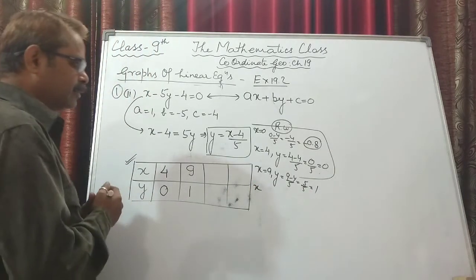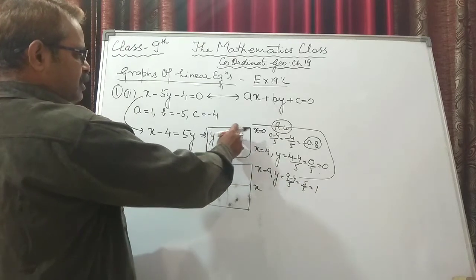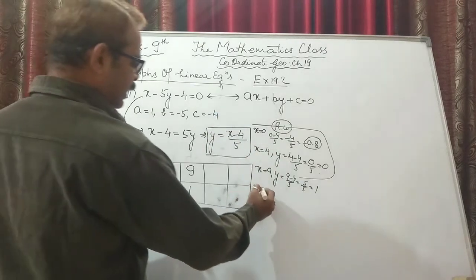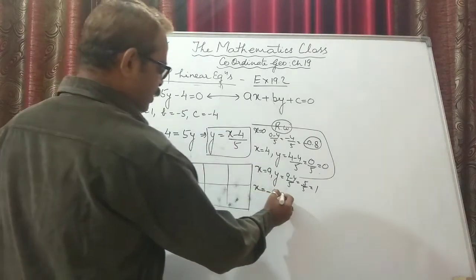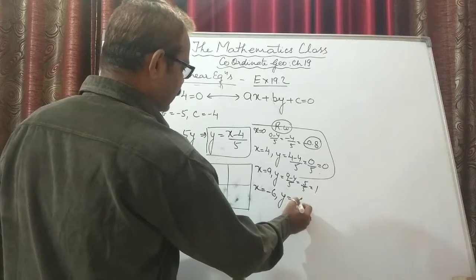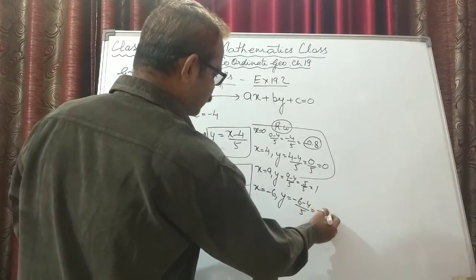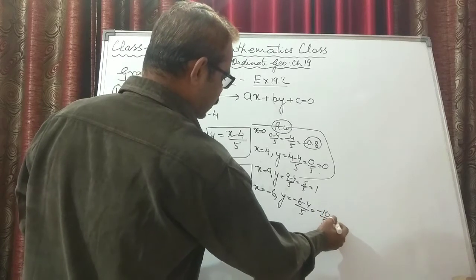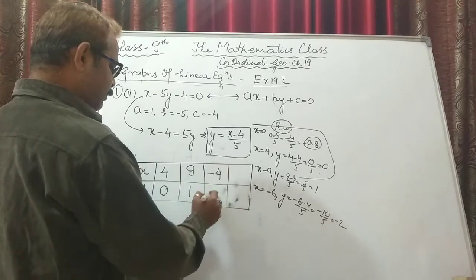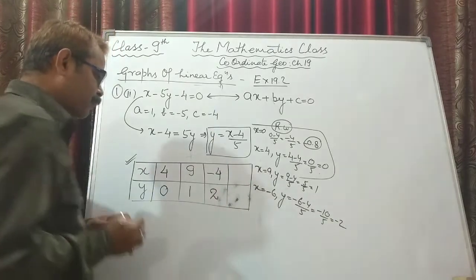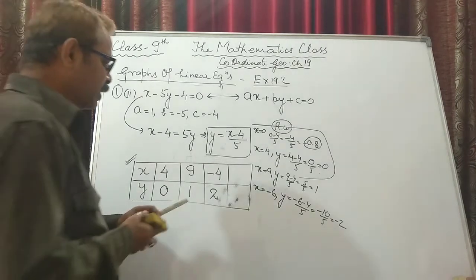So I will take x as minus 6. Now when I take x as minus 6, y will become minus 6 minus 4 upon 5. Minus 6 and minus 4 is minus 10. Minus 10 upon 5 is minus 2. So here I am taking x as minus 6, and the value of y I am getting is minus 2. So 3 points I have taken. I think these 3 points are more than enough.